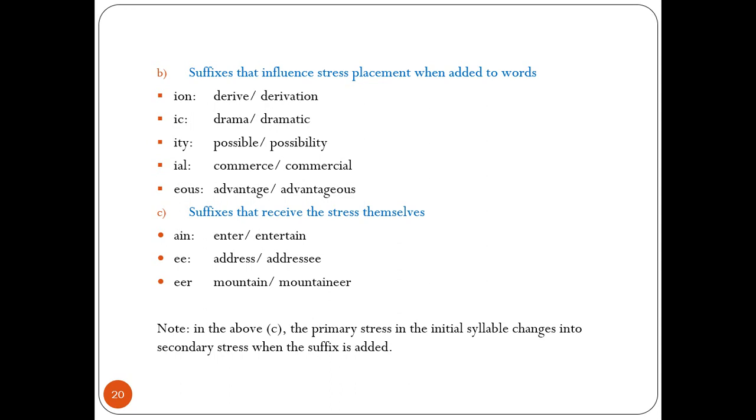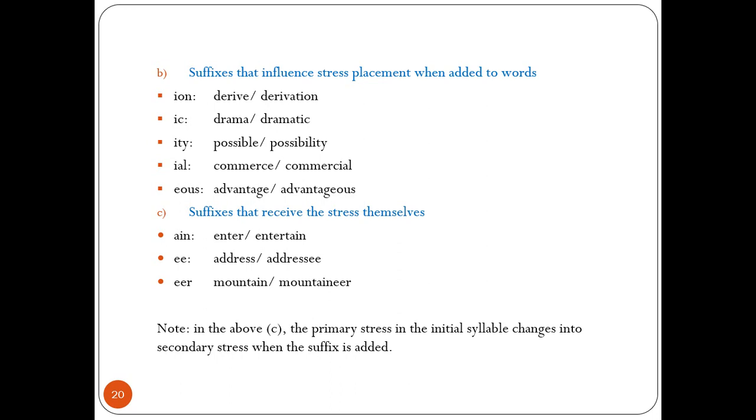Then we have ic, it is also a suffix which actually changes the stress placement. So we have trauma, okay, the first syllable is stressed, but when this suffix was added to it, the stress is changed from the first syllable to the second syllable.